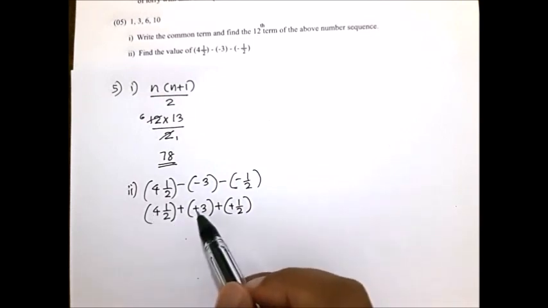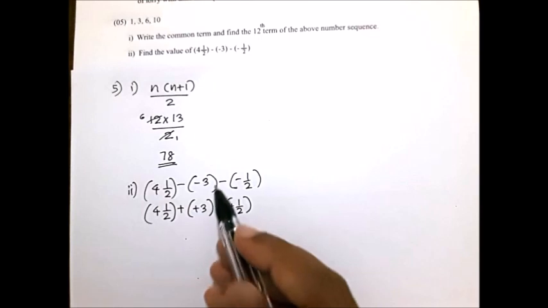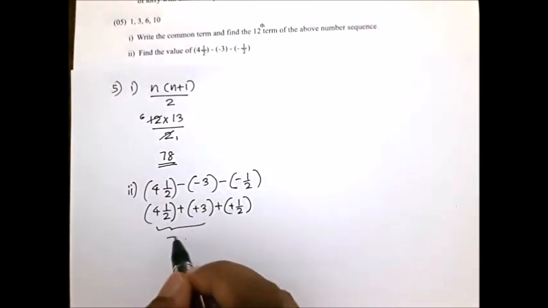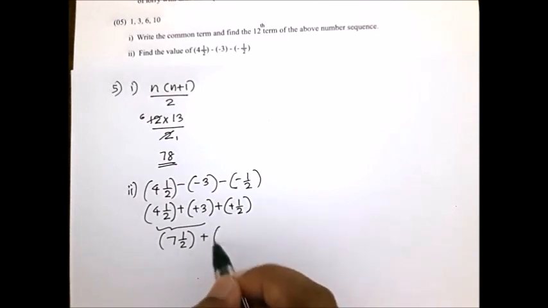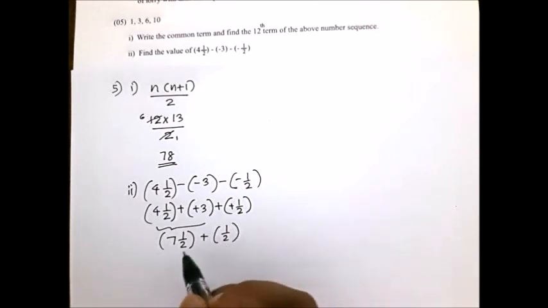Now 4 and half plus 3. You have to add all the whole numbers. 4 plus 3 is 7, 7 and half. Then add half. Half plus half is equal to 1. Then 7 plus 1 equals 8. This is the answer.